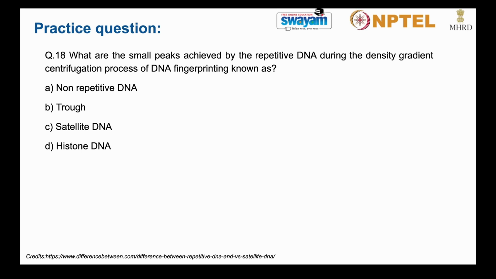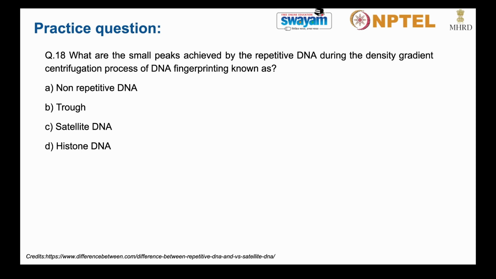Whenever you perform DNA fingerprinting, as I have discussed with you previously, whenever you take the DNA and you are observing the fingerprints, when you perform density gradient centrifugation, you observe different peaks based on the size. So here they are saying small peaks. We have already discussed the repetitive DNA.